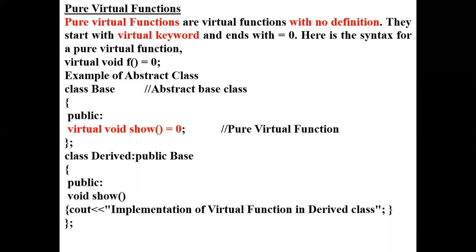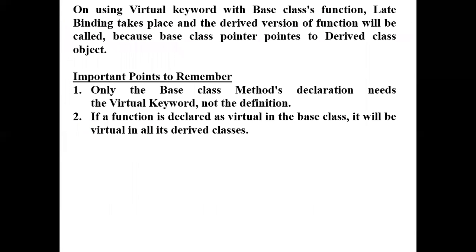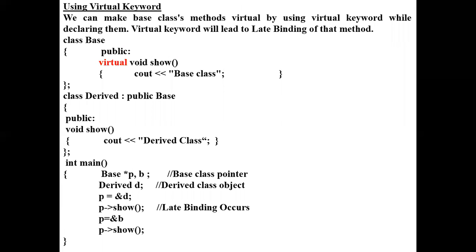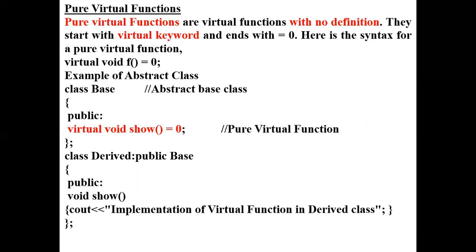Now one more concept here is the pure virtual function. If you want to make a pure virtual function, then you have to write virtual void show equals to 0, means a do-nothing function.